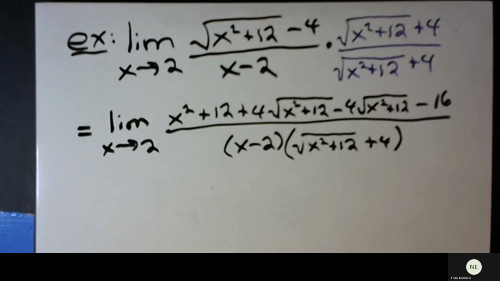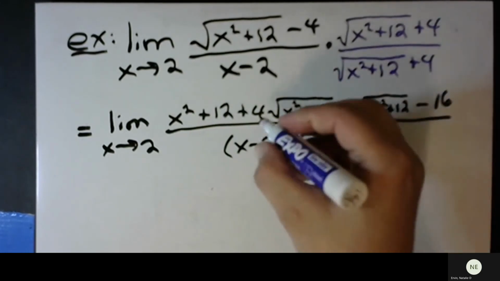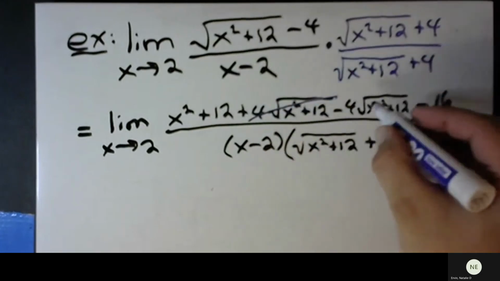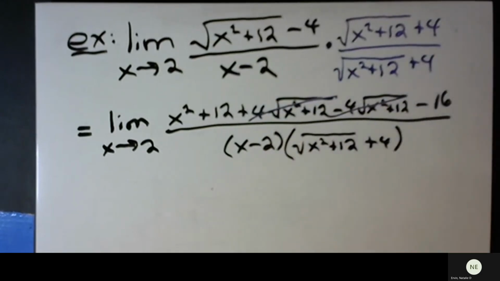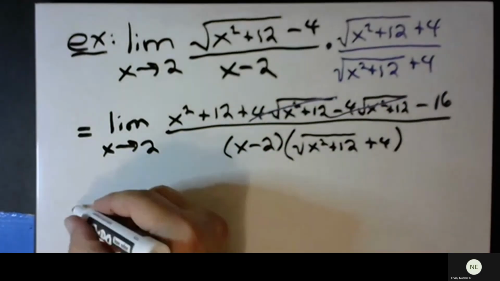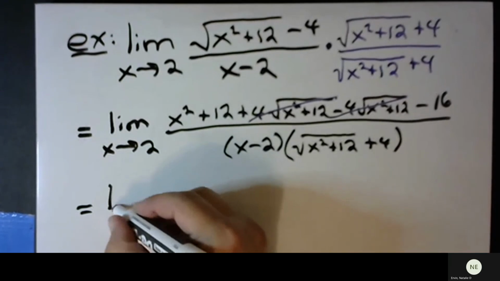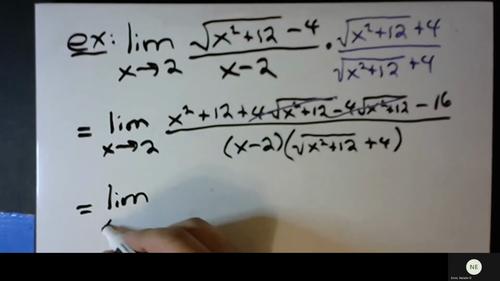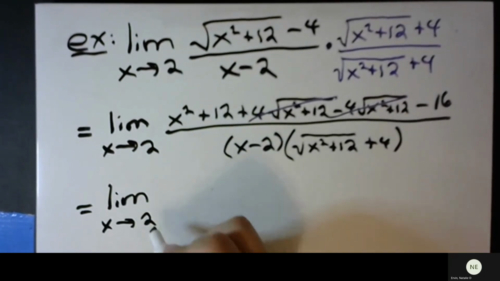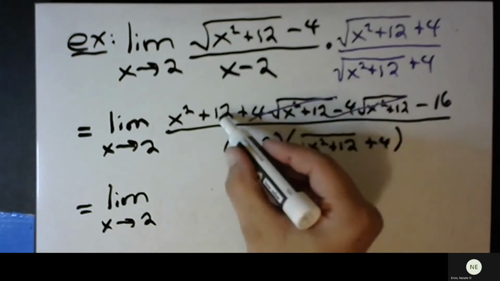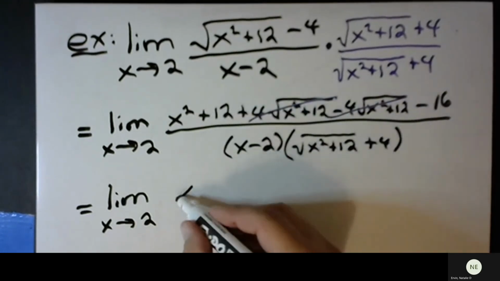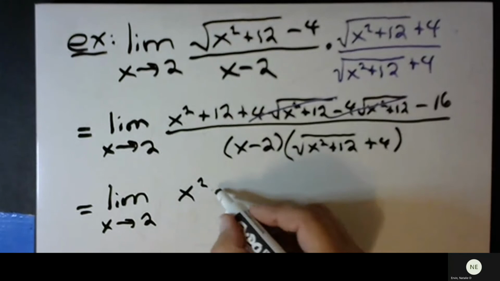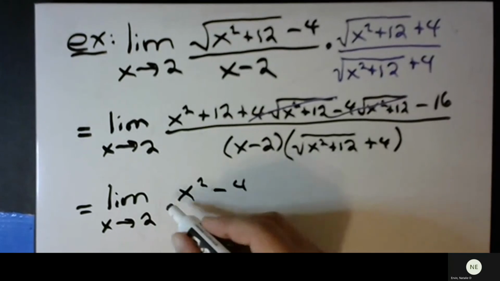So as we simplify the top, let's see, 12 and negative 16 would be minus 4.